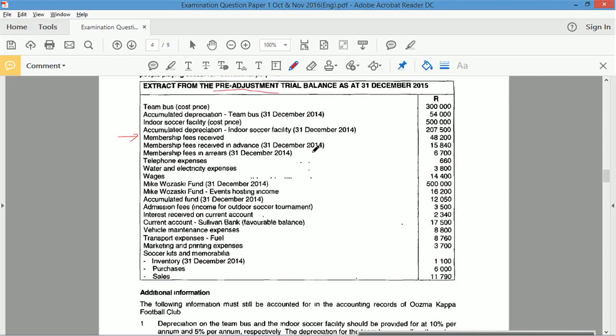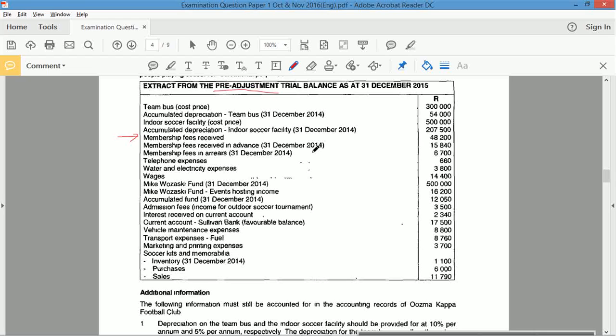So this is from when? Last year or this year? Last year. Exactly. What type of account is it? It's a liability. It's received in advance. A liability has a credit. So how do I reverse out the liability?